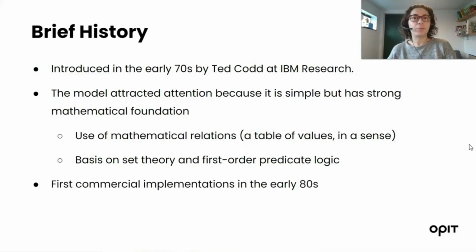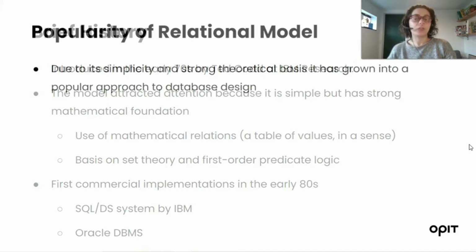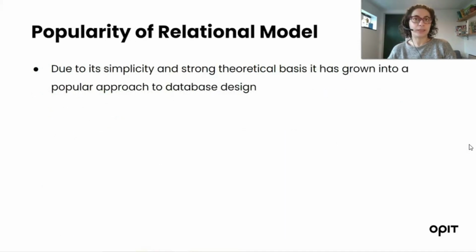The first commercial implementations came out in the early 80s. One of them was the SQL/DS system by IBM. Another was Oracle's DBMS. The wide and long-lasting popularity of the model stems from its simplicity and its strong theoretical basis.